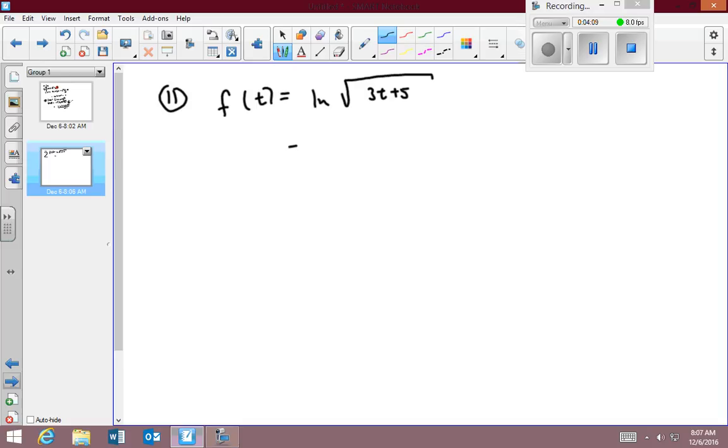What I'm going to do with this first is write the square root as a fractional exponent. That's just f of t. Now I'll take the first derivative.